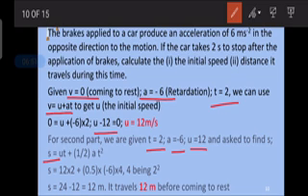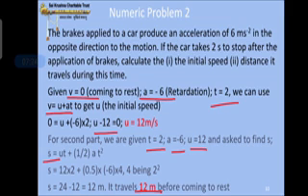Plus half, in the sense 0.5, into what is the acceleration? Acceleration is -6 into time is 2. Therefore, t square is 2 2s are, that is 4. So, if you apply all these values, you get 12 meter. Therefore, what happens? The car travels 12 meter before coming to rest.